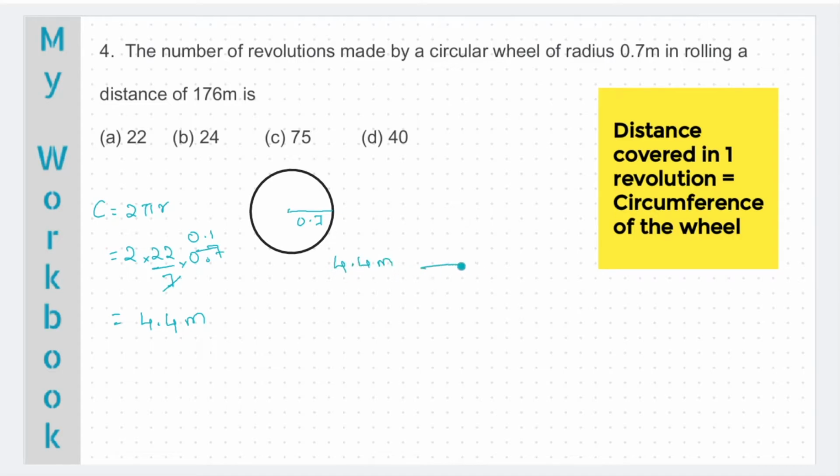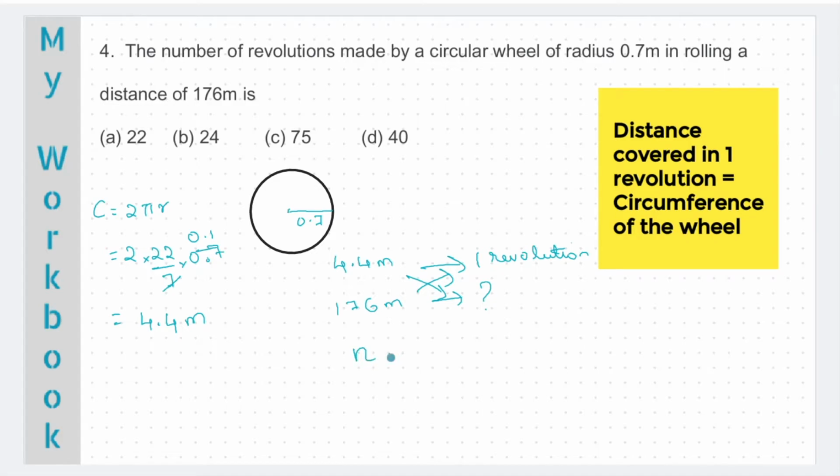4.4 meter is the distance covered in one revolution. So for 176 meters, how many revolutions will it make? It will be 176 by 4.4. We just have to cross multiply and find.